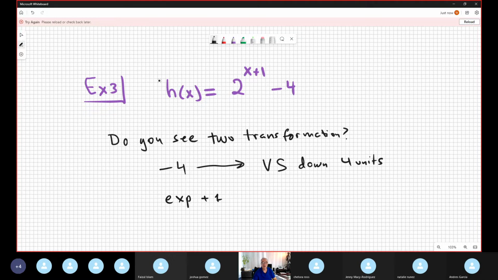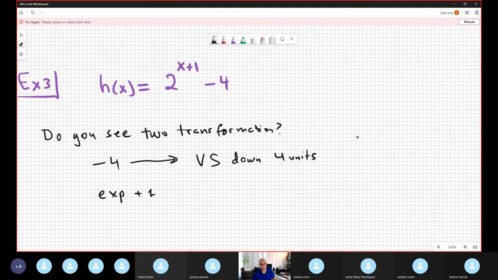Everyone is clear in this idea? And +1, so basically it is equivalent to say another function, so another function is 2 to the x, and when you are doing this transformation, -4, but no, sorry, not inside the parentheses, outside the parentheses. It's 2 to the x -4.